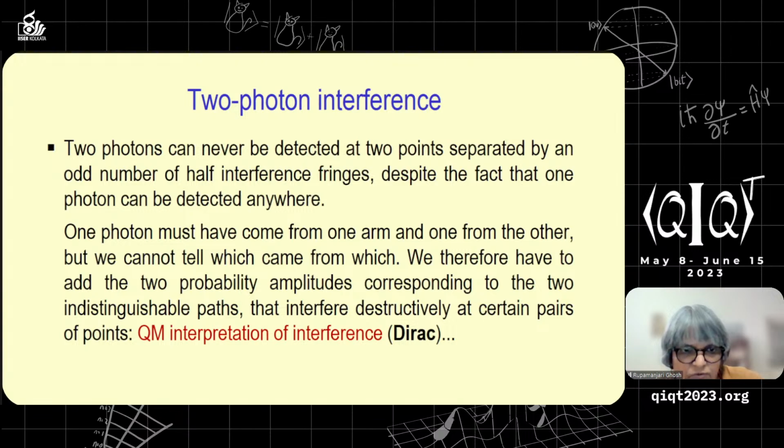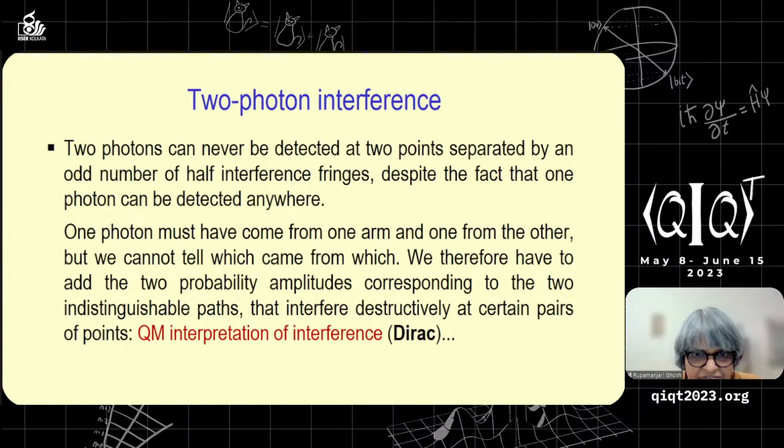When you're detecting two photons, one photon must have come from one arm and the second one from the other, but we cannot tell which came from which. So there are two indistinguishable paths. We have to add the two probability amplitudes corresponding to the two indistinguishable paths, and that interferes destructively at certain pairs of points where you actually have light plus light, no light at all.